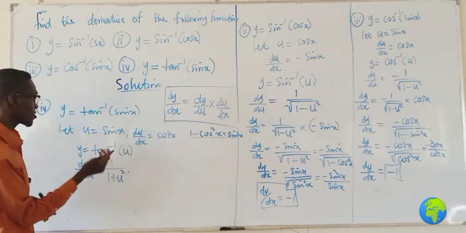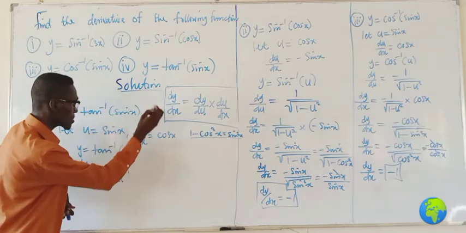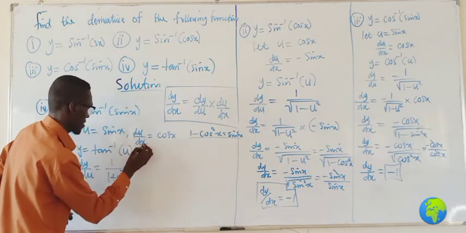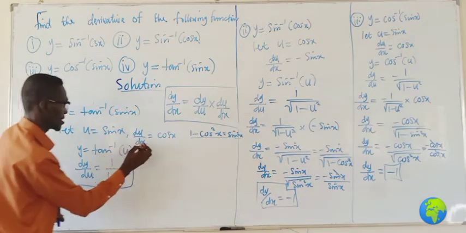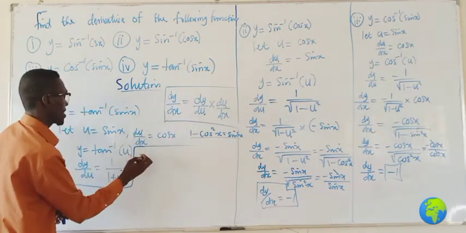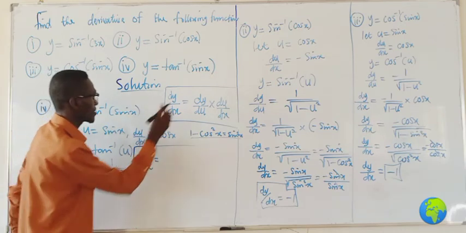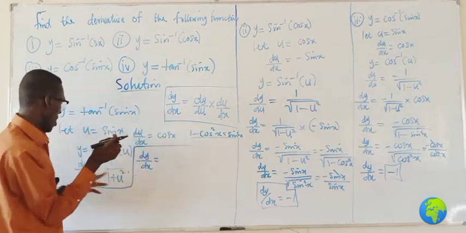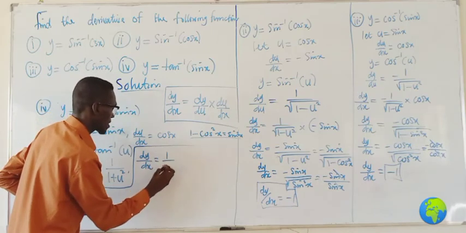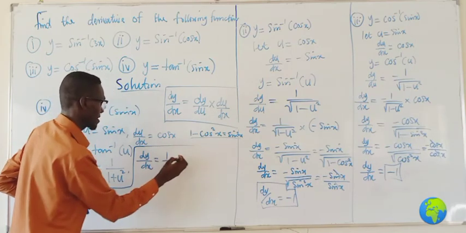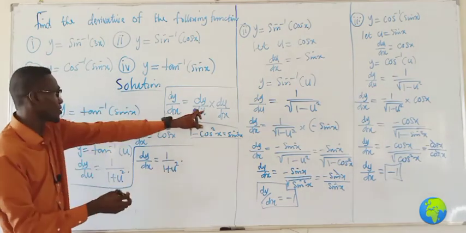So we can just insert all of this in our formula. Sorry, I still have to economize space. So the formula is dy/dx equals, in place of dy/du, I'll be putting 1 over 1 plus u squared multiplied by du/dx.